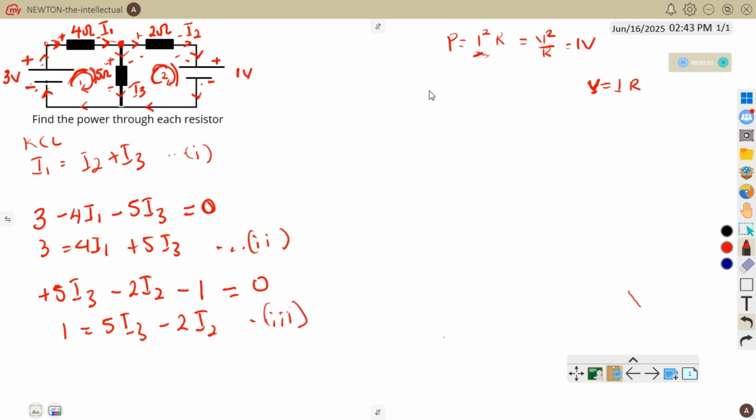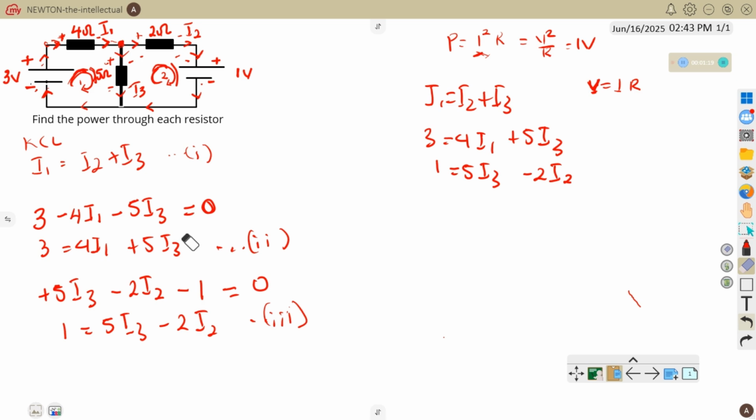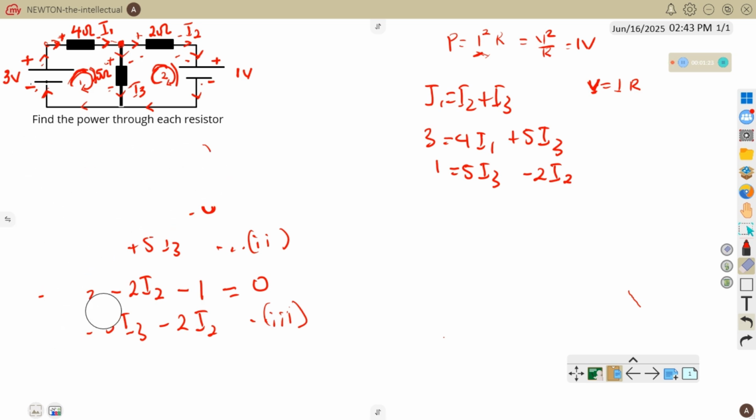So let me just write this out. I1 is equal to I2 plus I3, then we have 3 is equal to 4I1 plus 5I3, then we have 1 is equal to 5I3 minus 2I2. So let me rub this off so that we have enough canvas to solve the question.